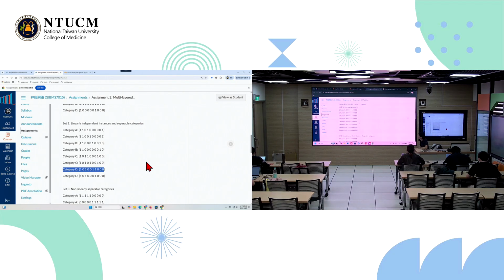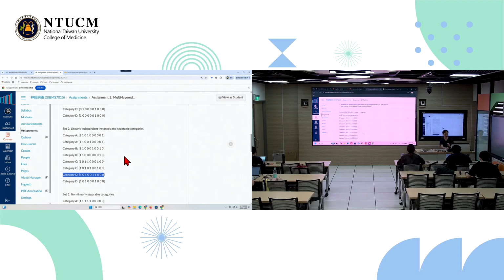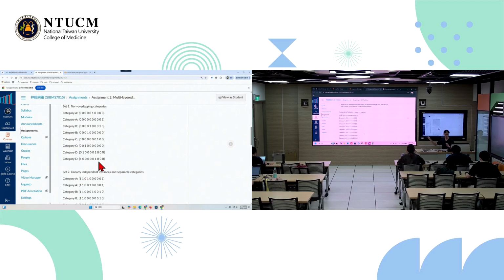For this, because it's overlapping, and these two are in the same position, is it still not overlapping? Oh, did I do something wrong? Oh, no, it's non-overlap. Okay, it's non-overlapping because it's non-overlapping with the other category.